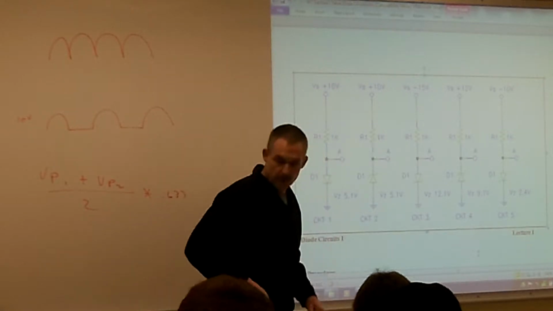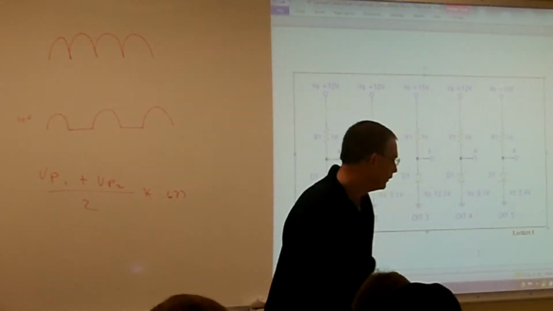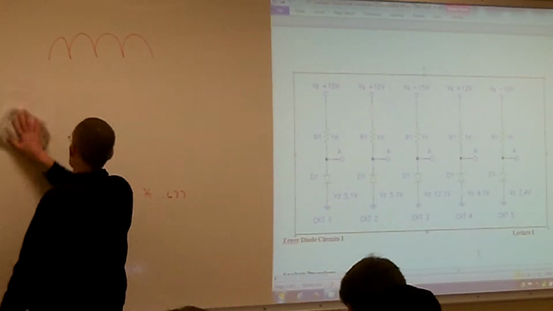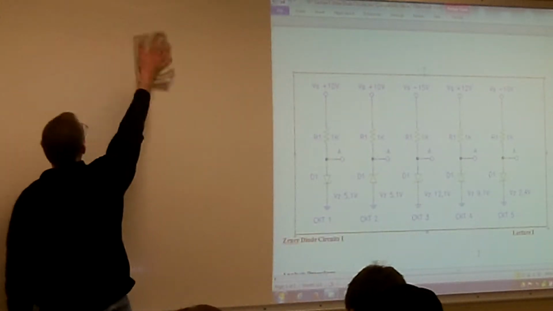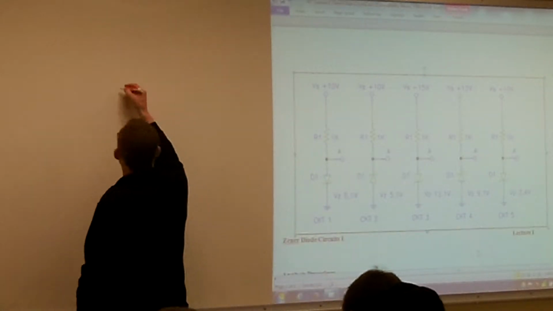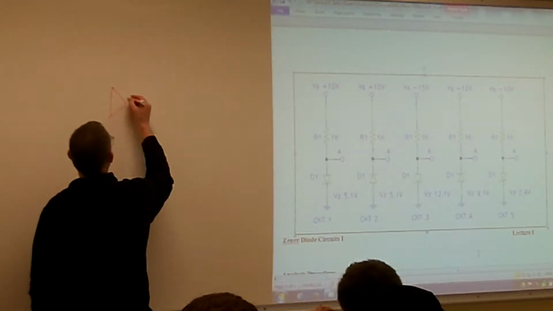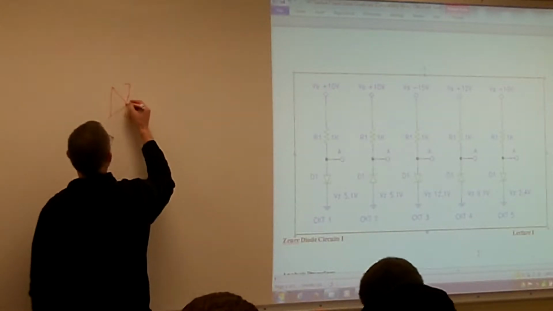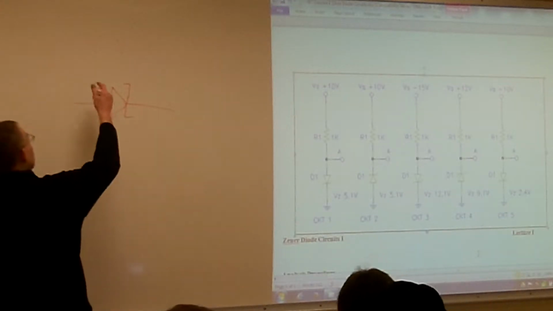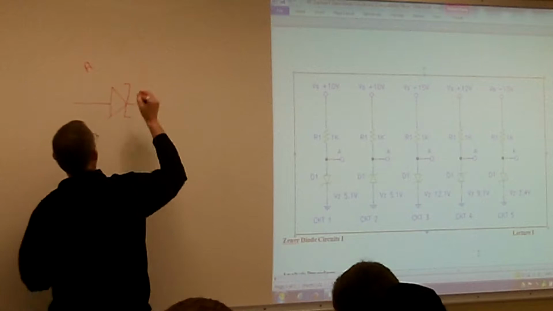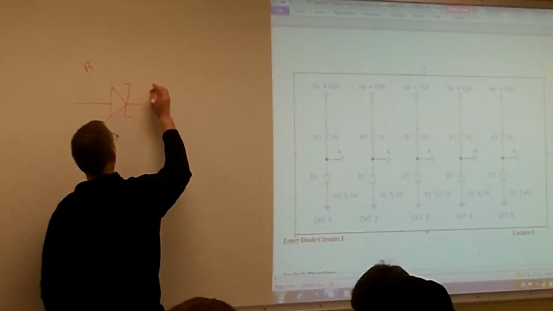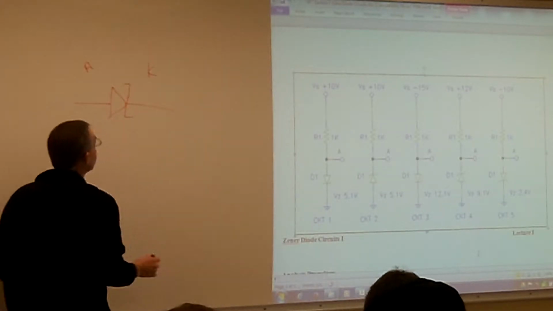So here's what the symbol for the Zener diode looks like. Just like the regular diode, it's going to have its anode, the white part of the arrow, and then the cathode.